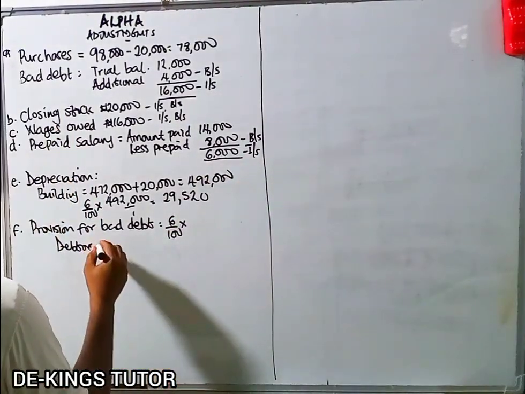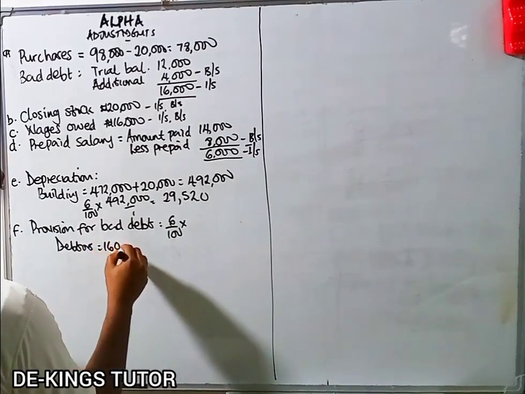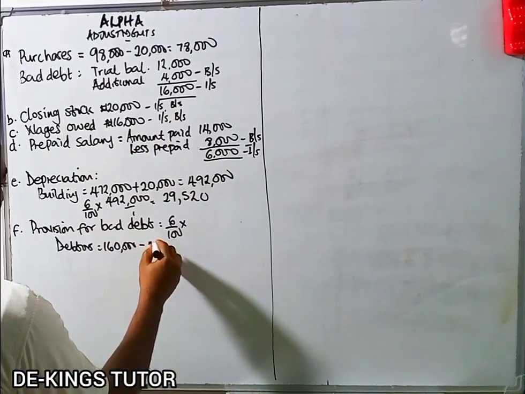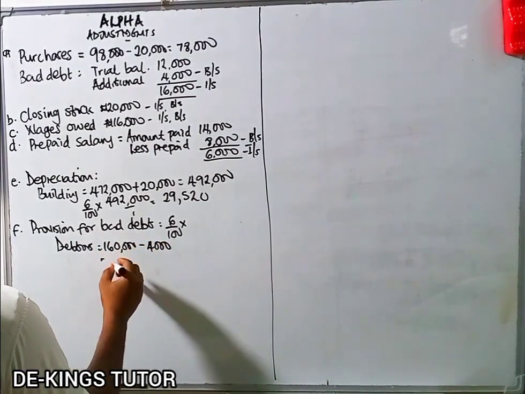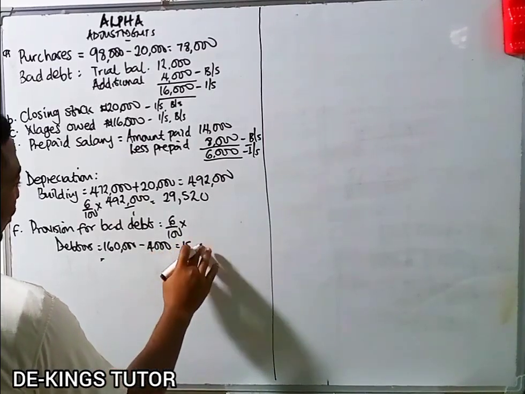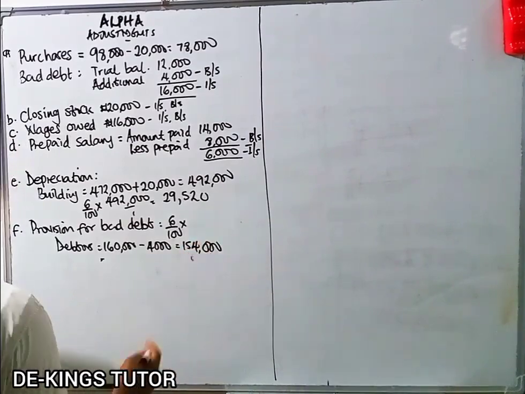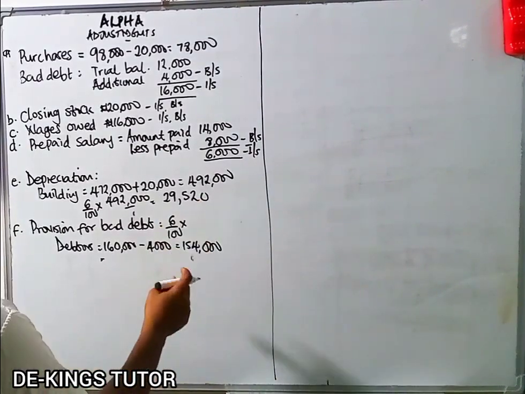The debtors figure is 160,000 minus 4,000 that's already bad, which will give us 154,000.